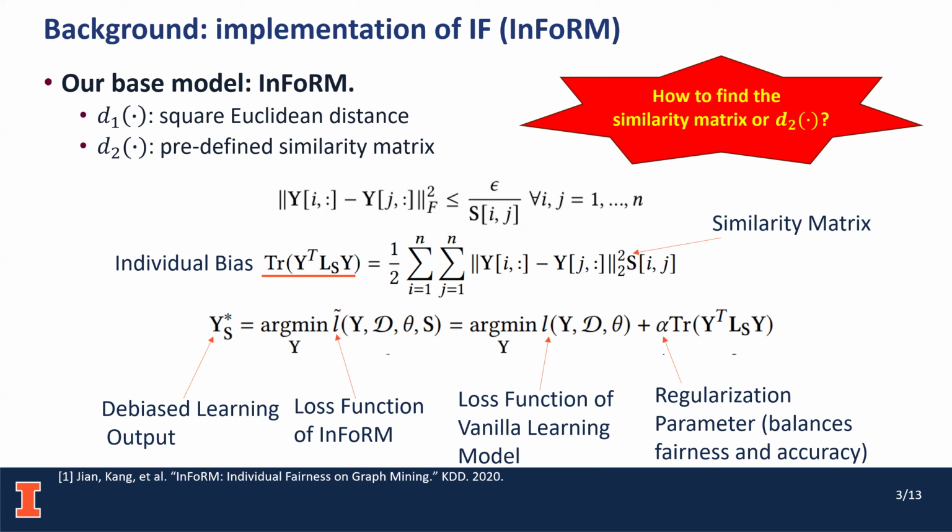But for the outputs, normally it's a vector or some statistics. So we can use Euclidean distance, cosine similarity, or Chaos divergence to define the distance matrix. So in this paper, we're going to take one step forward to solve the problem of defining the input similarity matrix.